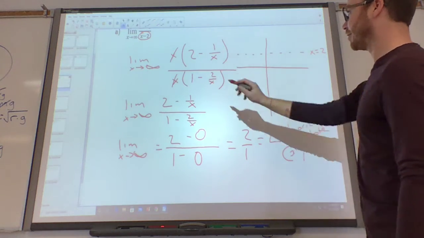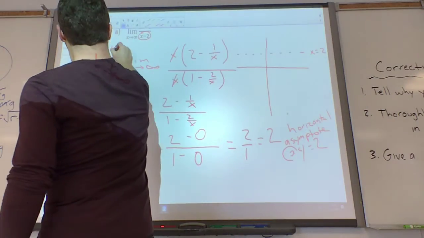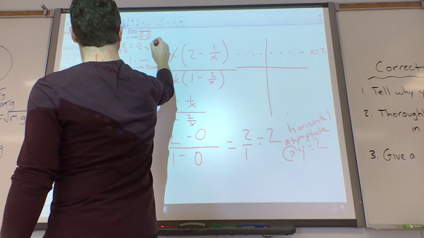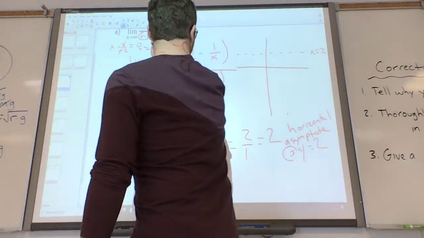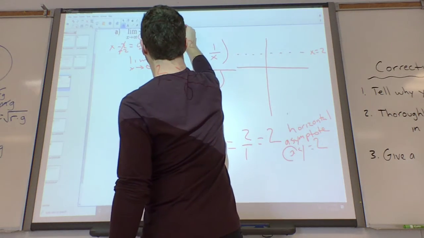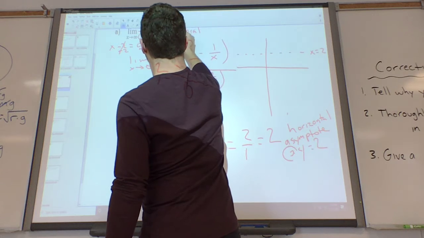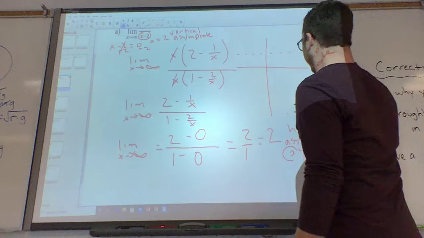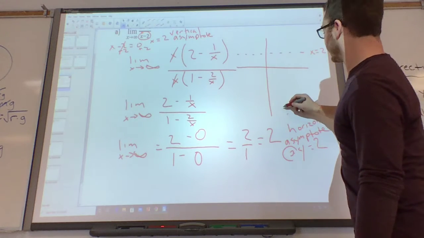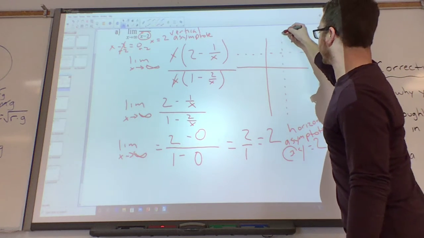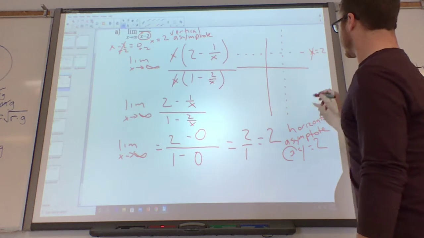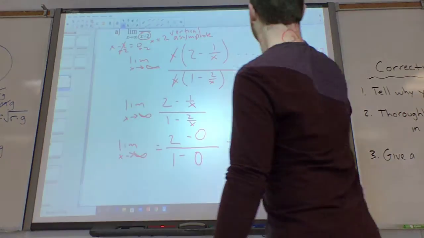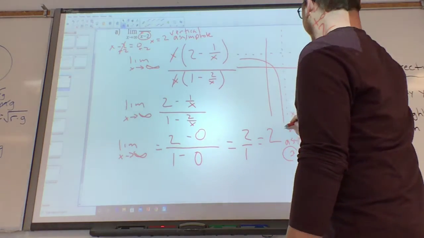And then we'll also have a vertical asymptote. So x minus 2 is equal to 0. Add 2 on both sides. X equals 2. We will have a vertical asymptote. And this should be y. And this is x equals 2. So then our graph will look something like this.